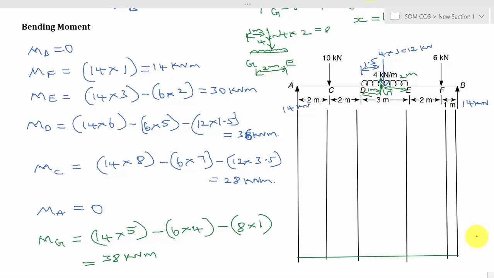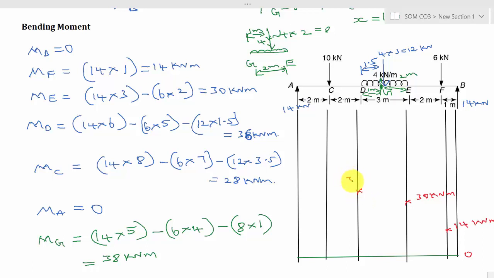At B, the bending moment is 0. At F, the bending moment is 14 kilonewton meter. So here it is 14 kilonewton meter. At E, it is 30 kilonewton meter. So at E, it is 30 kilonewton meter. At D, it is 36 kilonewton meter.